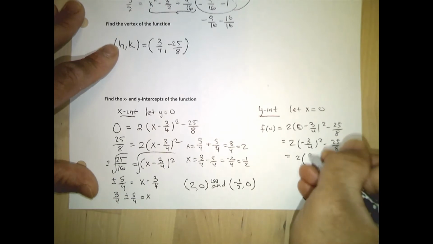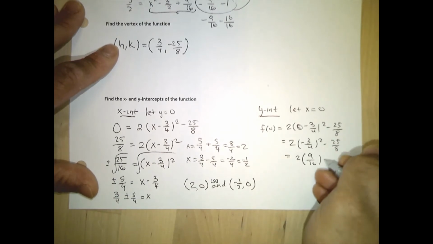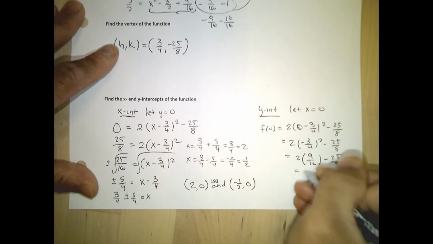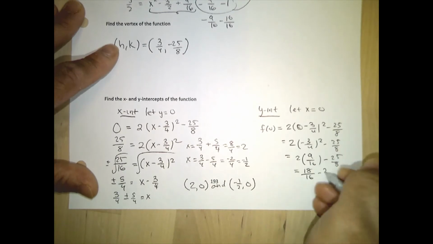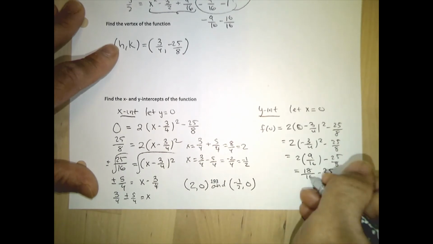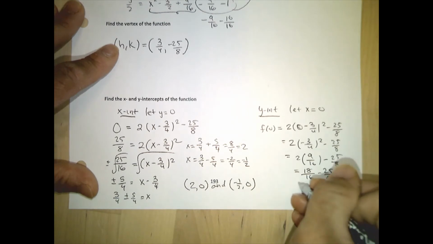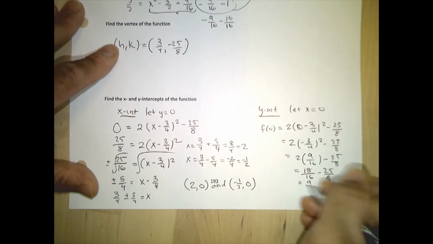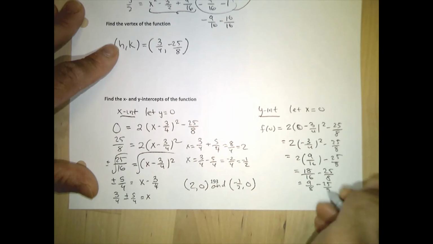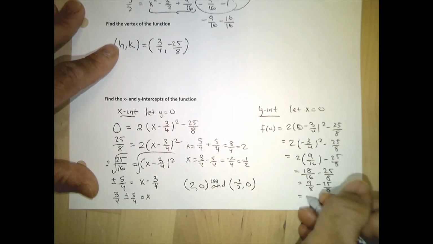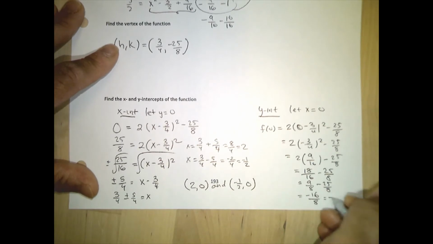That's 2 times 9/16 minus 25/8. 18/16 minus 25/8. Yep. So that would be 9/8 minus 25/8. So what will that be? That will be -16/8, which is -2.